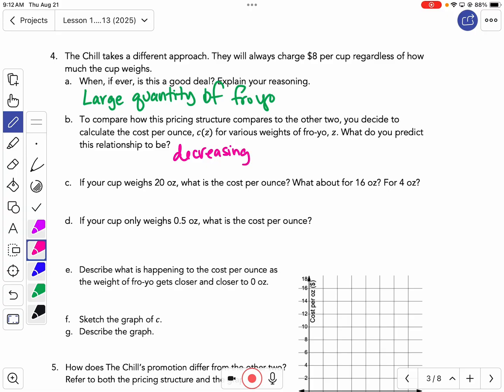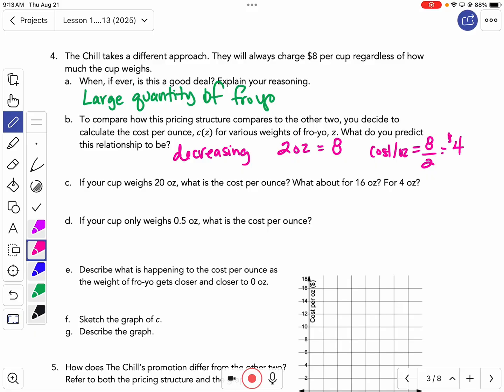All right, so the value would change. So if I have like 2 ounces, okay, it's $8. What would the cost per ounce be? Cost per ounce would be 8 divided by 2, which would be $4.